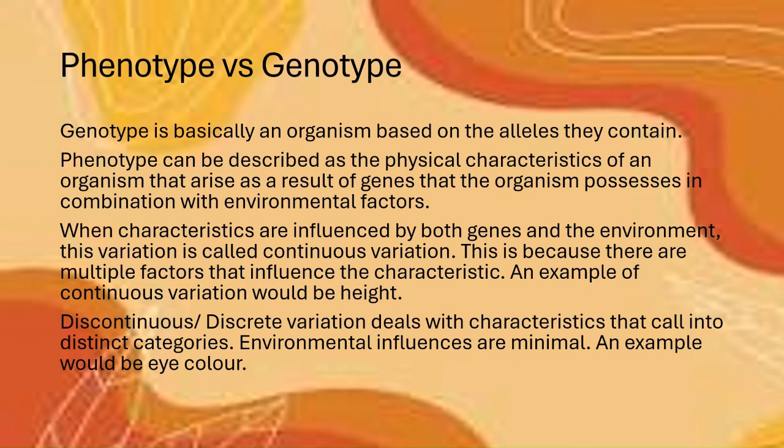You cannot have any other different categories of eye color. For example, you cannot be green 0.5 eye color or something like that. Doesn't make sense, but yeah, that's what makes it discrete or discontinuous. And another example of discrete variation would be your blood group.